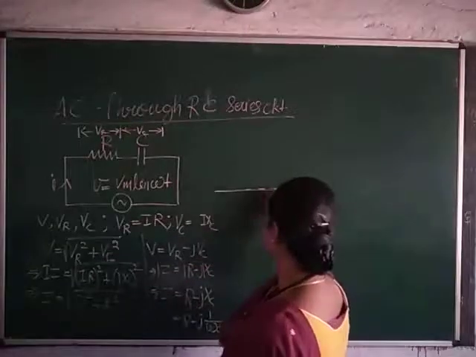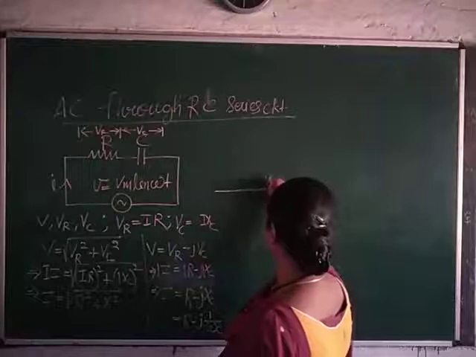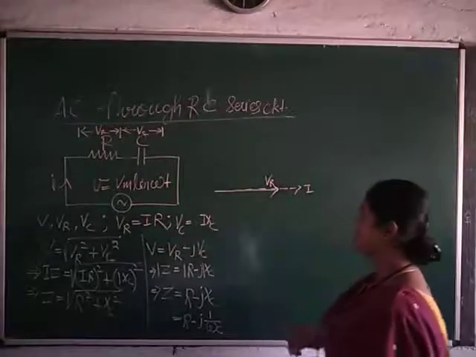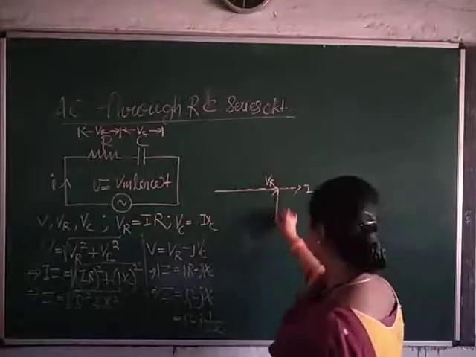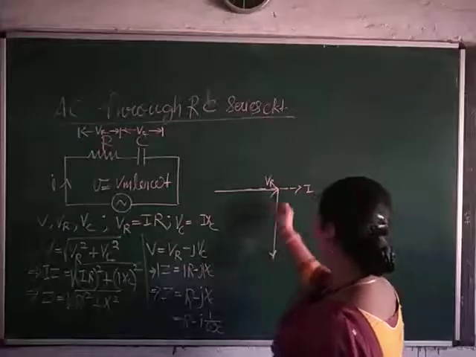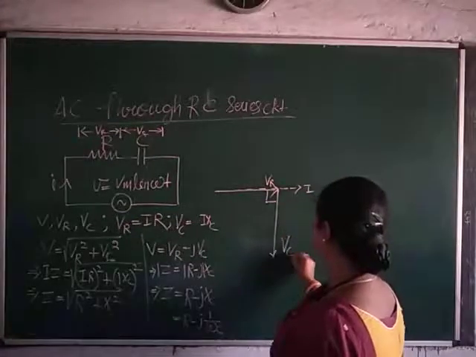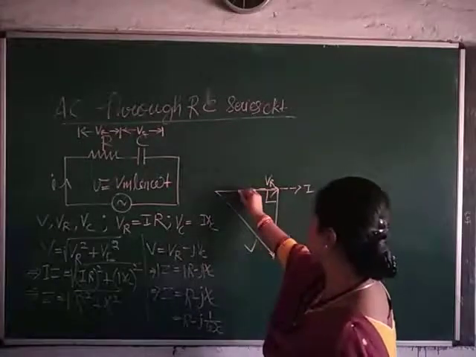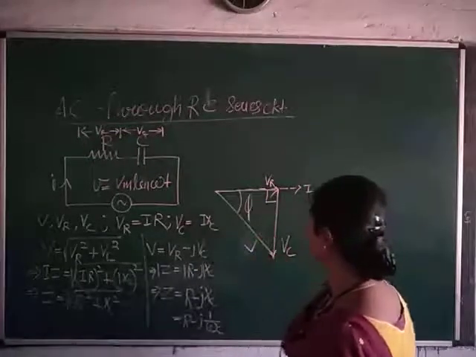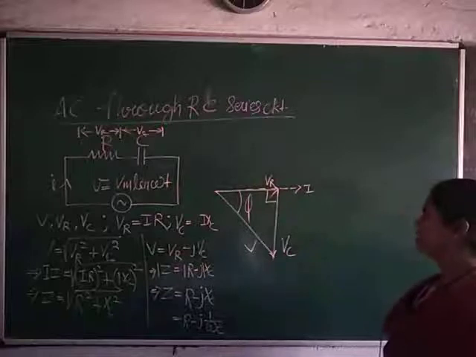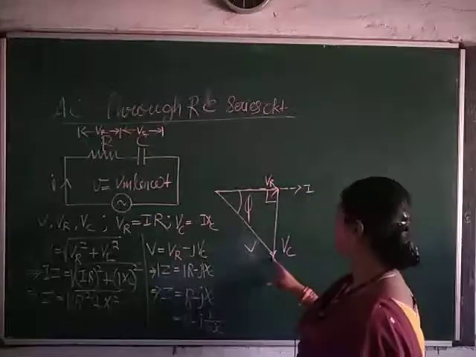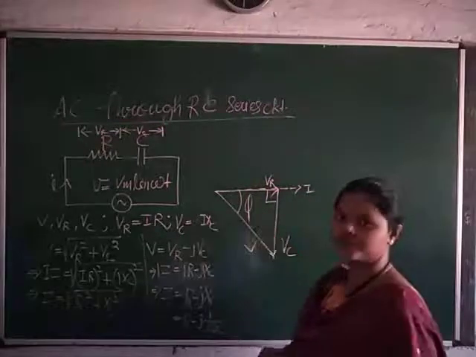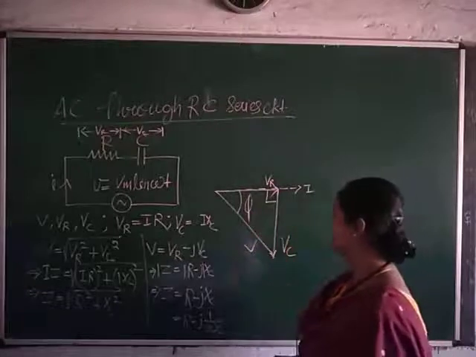Voltage across the resistor is in phase with current, and across the capacitor it lags the current by exactly 90 degrees. Their resultant gives the total voltage V. From this voltage triangle, it is very clear that current leads the voltage by an angle phi. This is the power factor angle.